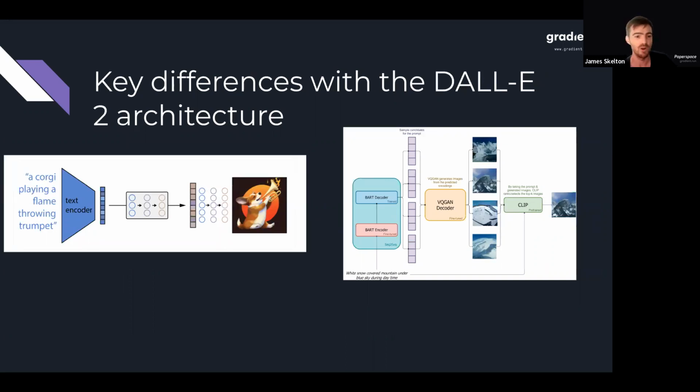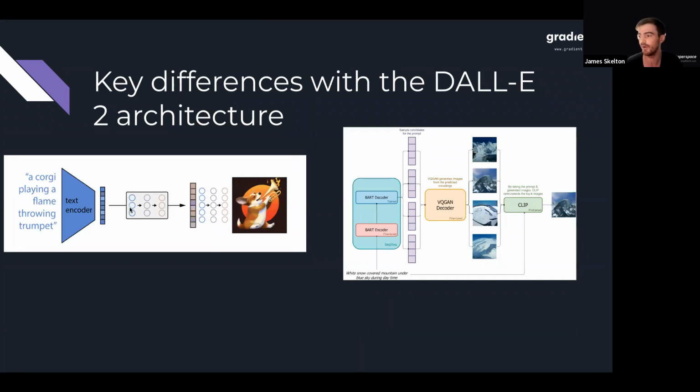There's less out there about DALL-E Mini, which is why that seemed a little shorter. Let's break down what these differences actually look like, and I'm going to focus on the inference part of the architecture here. As a little recap, in DALL-E 2, first the CLIP text encoder maps the image description into the representation space.